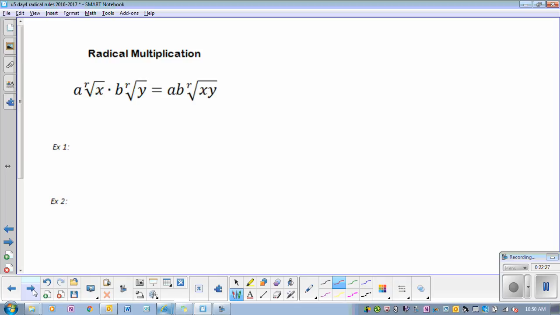They could be different, all right? So the only major rule you need to know here is they need to have the same root. You couldn't, for our class, okay, you can't multiply a square root and a cube root together, all right?